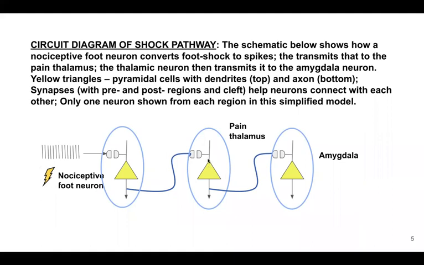And then the signal travels down this cell body, and this cell body sends the next signal via this axon to the amygdala. And here's another synapse, presynaptic, which is represented by here, and then postsynaptic dendrite in the amygdala. And then this signal travels to the amygdalar neuron.